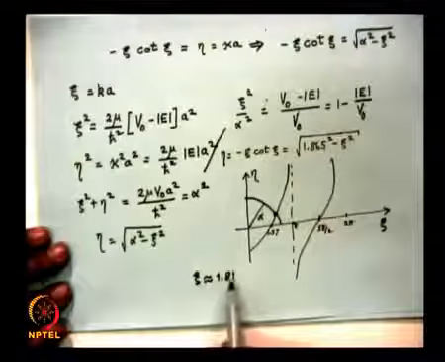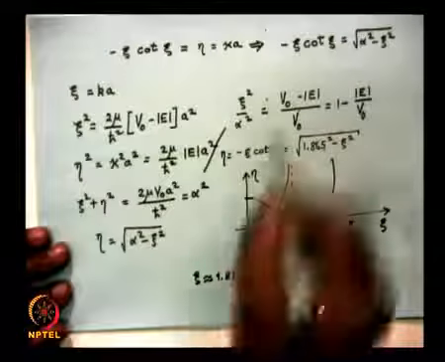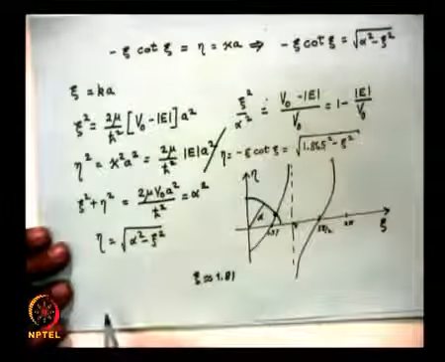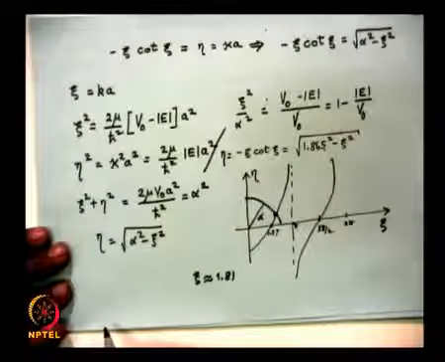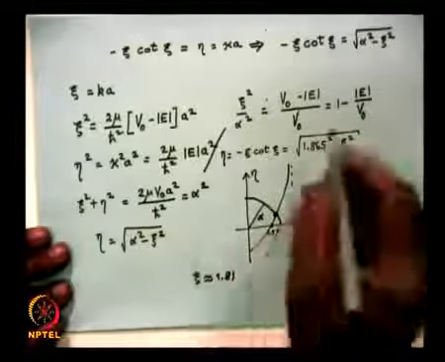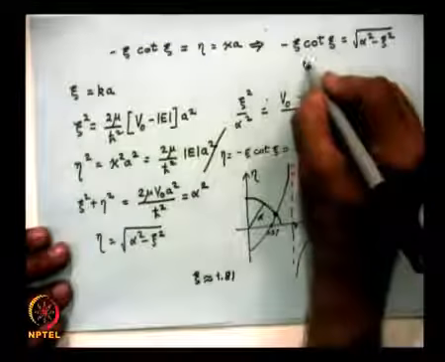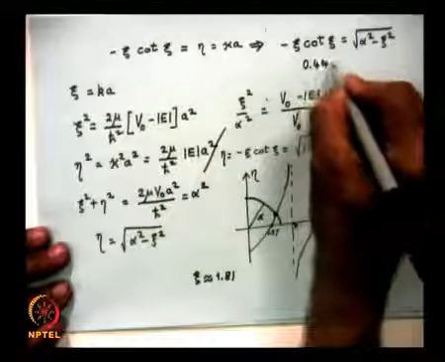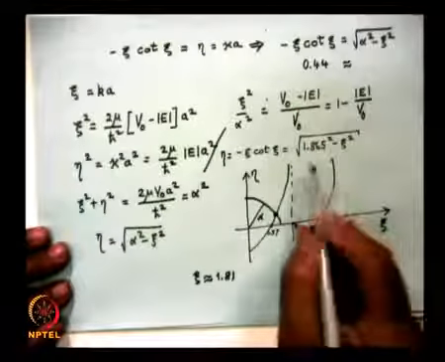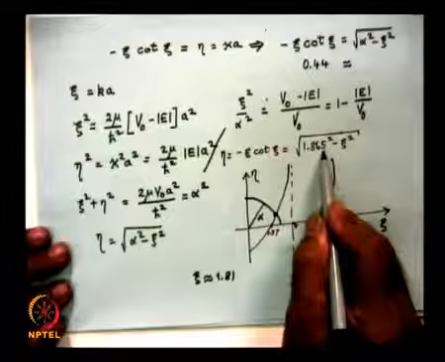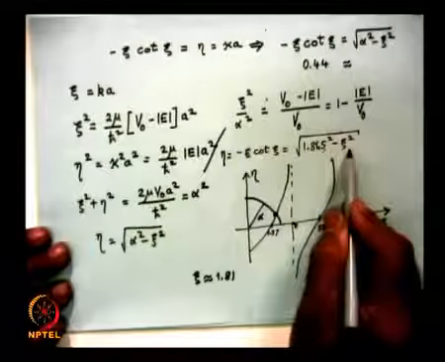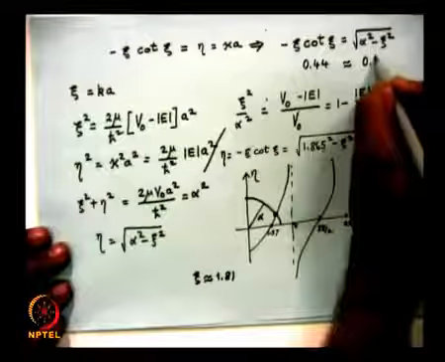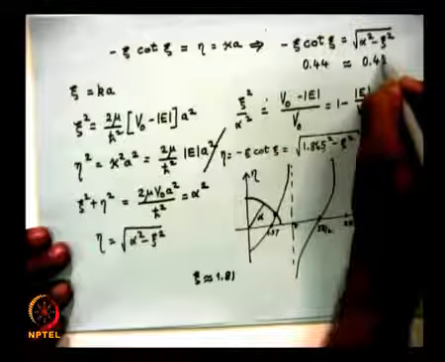So, 1.81 times cotangent of 1.81, if you calculate that, becomes about plus 0.44, and 1.865 whole square minus 1.81 whole square comes out to be about 0.449 or 45, something like that.